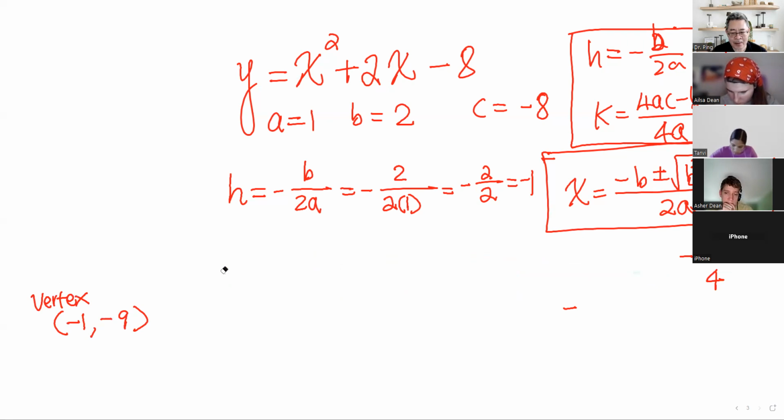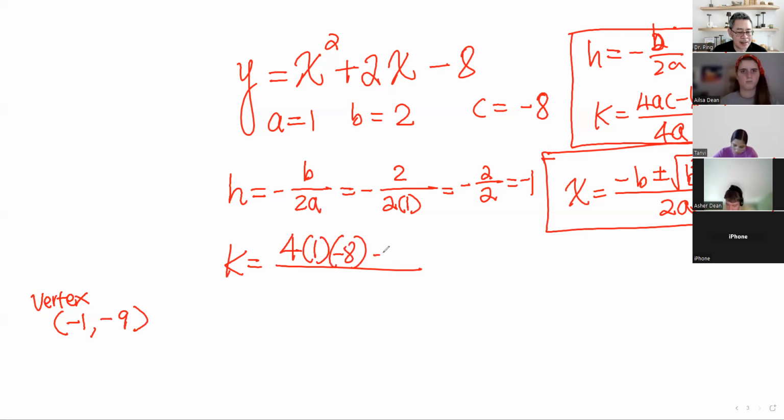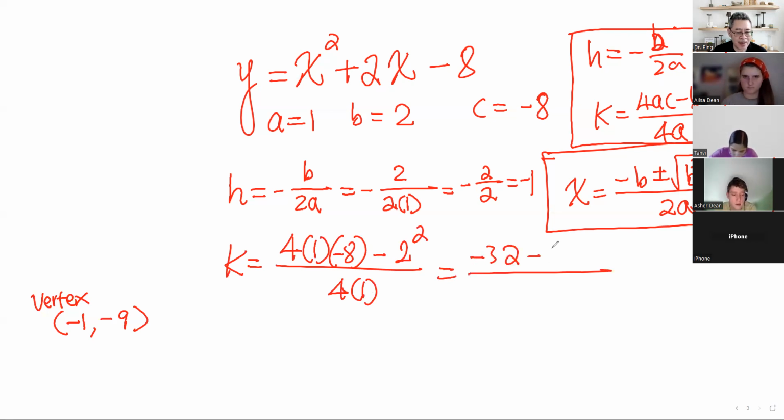Jade, are you okay? You understand why you got K wrong? What times 1, that'd be 4 times -8. K is what? 4ac, which was -8, that'd be -32, minus 2 squared over 4. B would be 2 squared, so 32, 2 squared, minus 4.